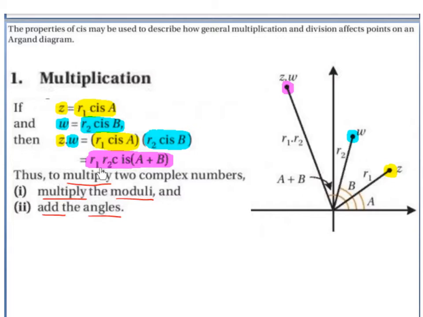Thus, to multiply two complex numbers, multiply the moduli and add the angles. So here's Z, here's W, and here's Z times W. So Z has the angle A, W has the angle B, and Z times W has the angle A plus B.